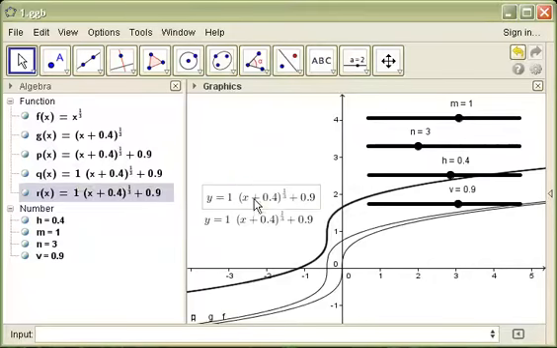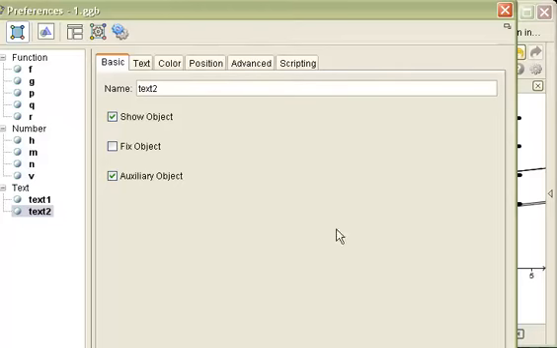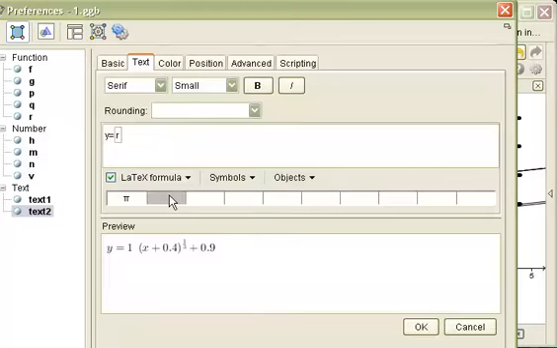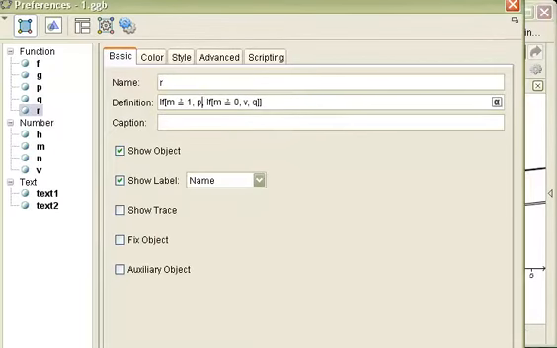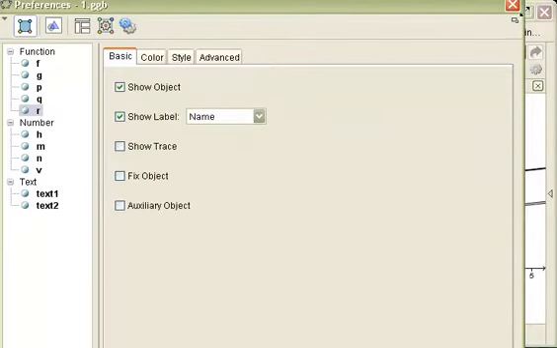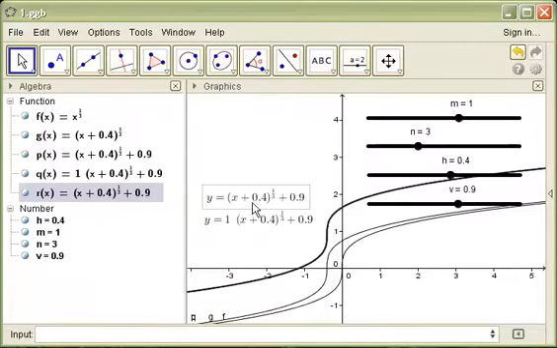Oh, not q, sorry, it should be p. So my r should be not q but p, right? Okay, so don't forget to hit enter. Okay, can you see that?